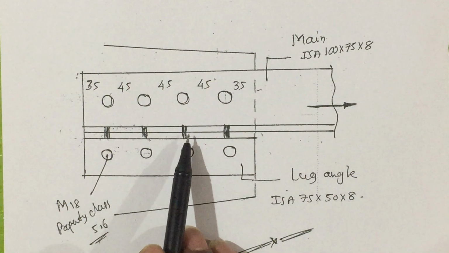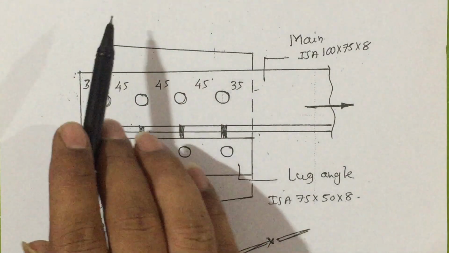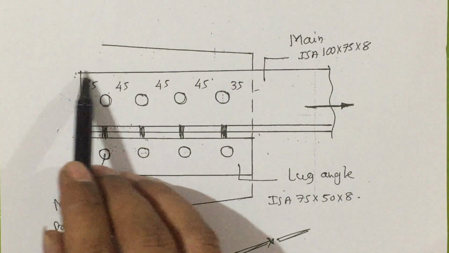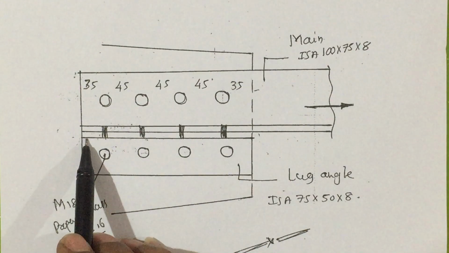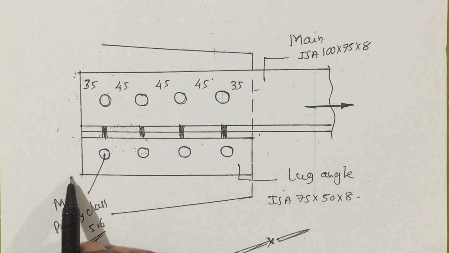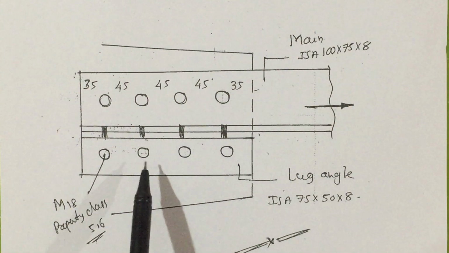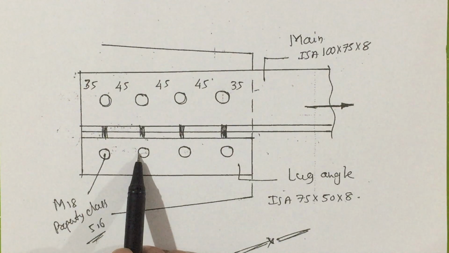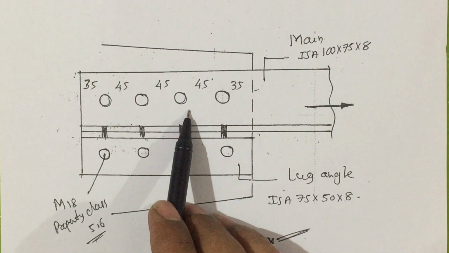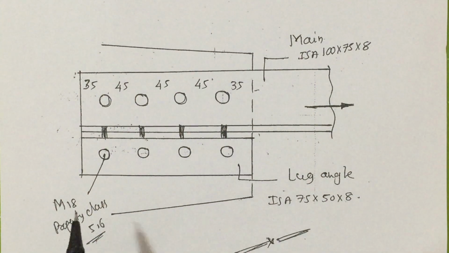So, we have shown that in a pictorial manner. This is the gusset plate, then this is the main angle, then this is the lug angle. In the lug angle, we have provided 4 bolts. Then in the main angle, we have provided 4 bolts.